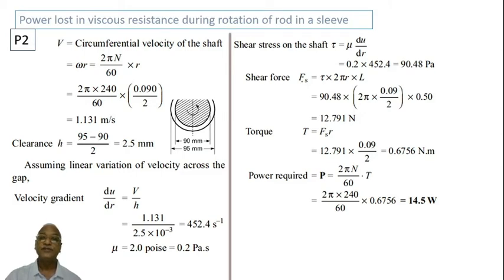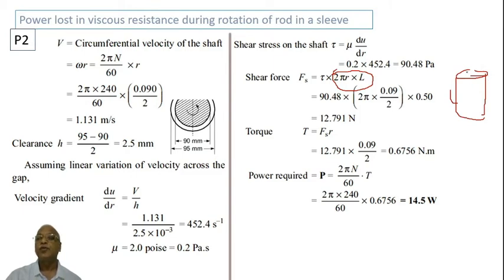Now shear force is the shear stress multiplied by area, the area of contact inside the cylindrical surface, because it is a cylinder, right? Inside a tube of length L and radius R. So what is the surface area that it is in contact?